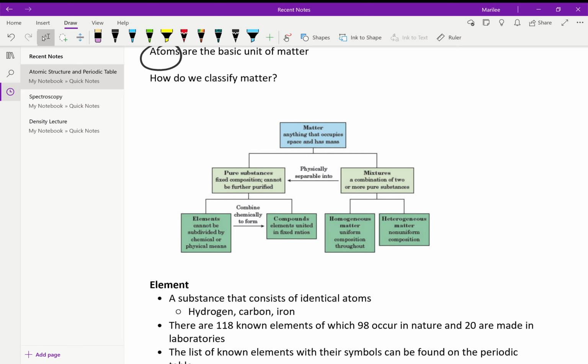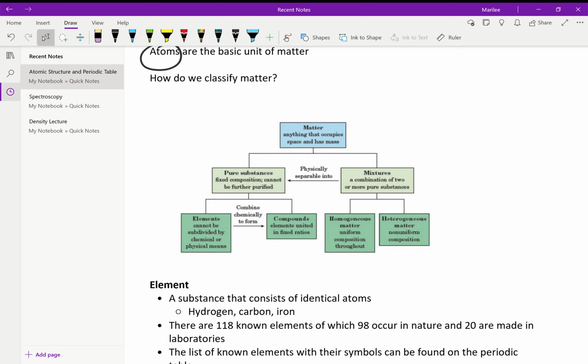So how do we go from mixtures to pure substances? We physically separate them. Pure substances can further be broken down into elements and compounds. What are the differences? Elements cannot be subdivided by chemical or physical means.